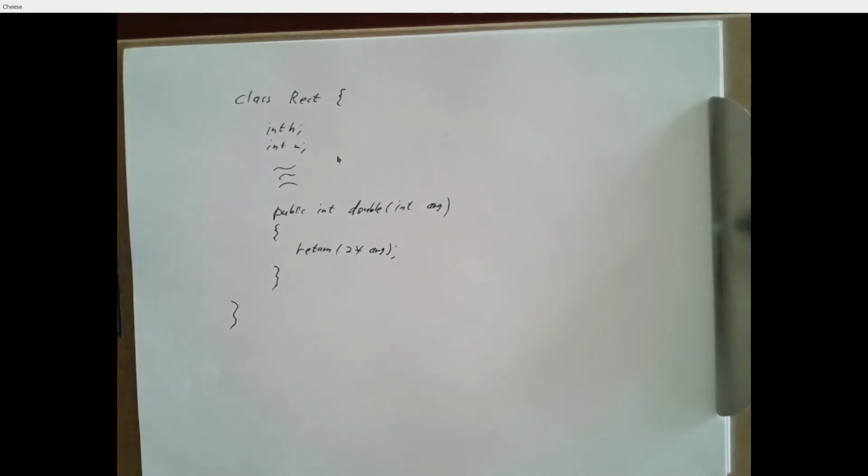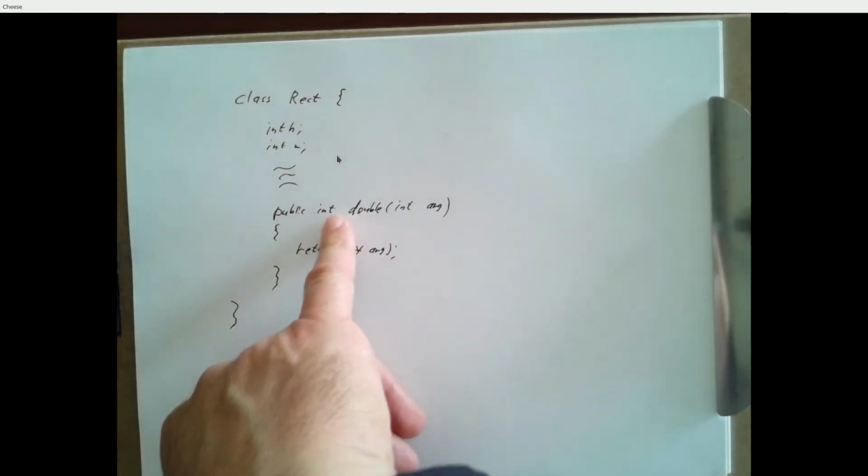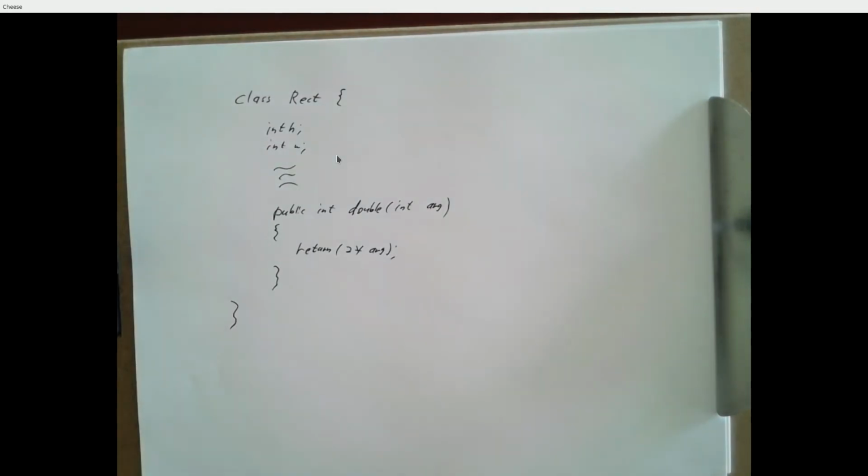So part of the rectangle class includes this handy method for multiplying a number by 2. And this method is set up to take an argument and return twice that argument. It's like a C-style function that you pass an argument to and it comes back.